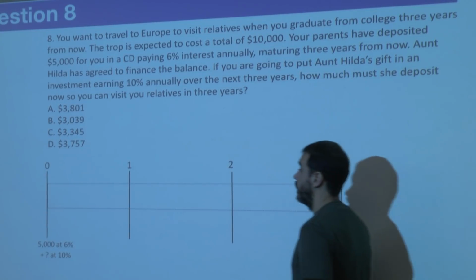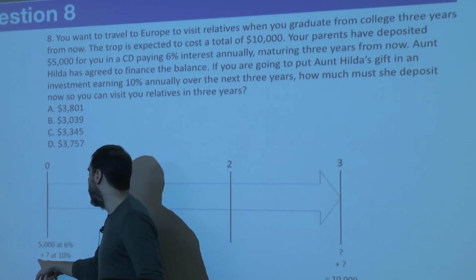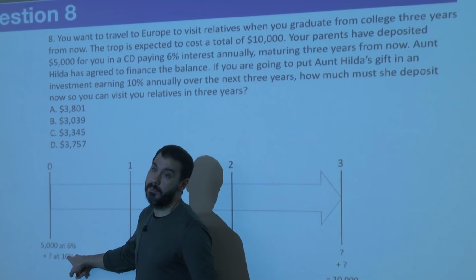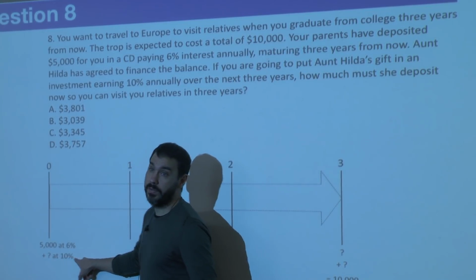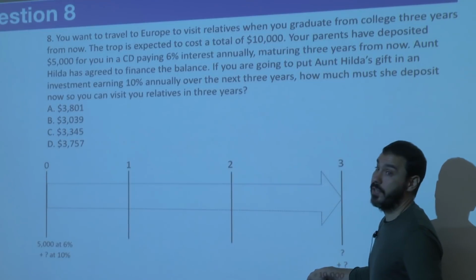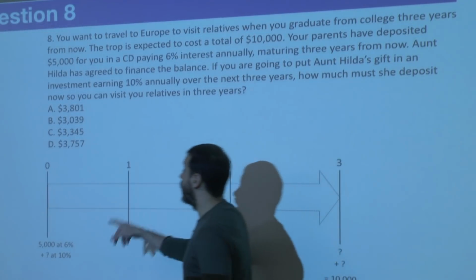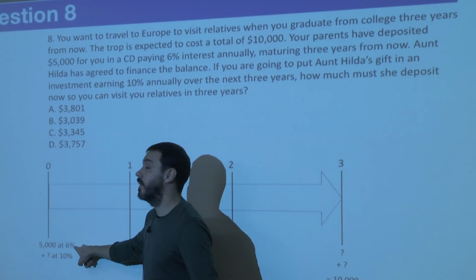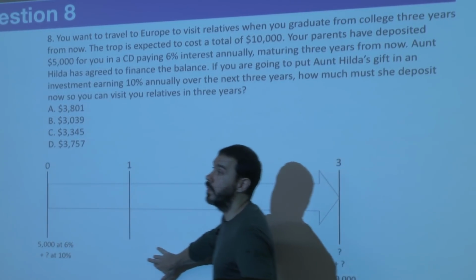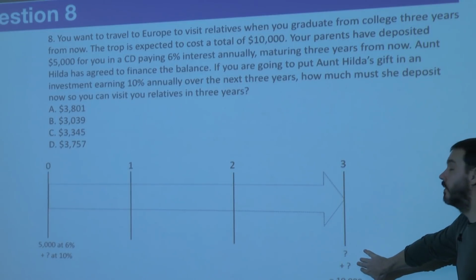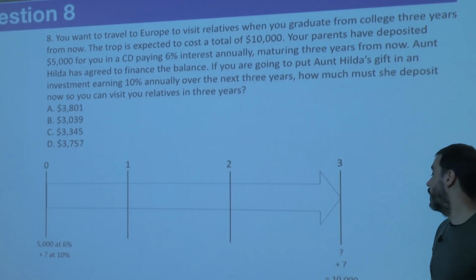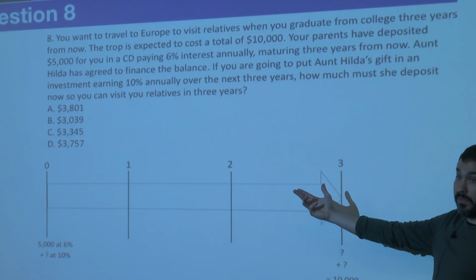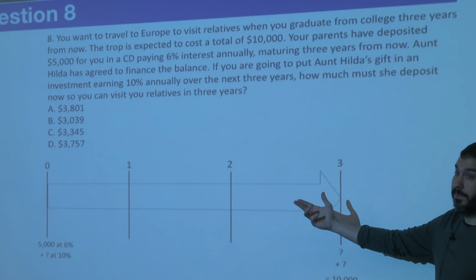Basically, you're asked, how much do you need to invest at 10% for 3 years such that together with this $5,000 invested at 6%, those two investments together will add up to $10,000 in 3 years. Okay?